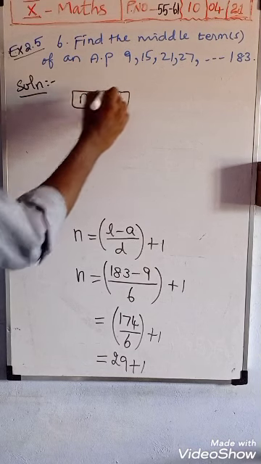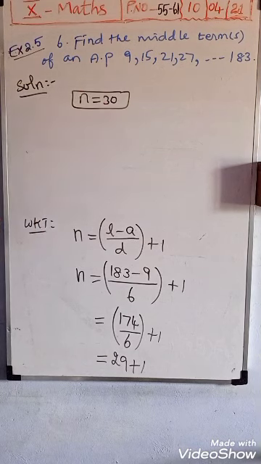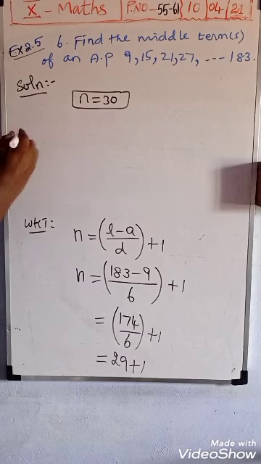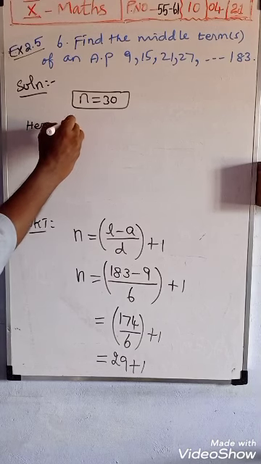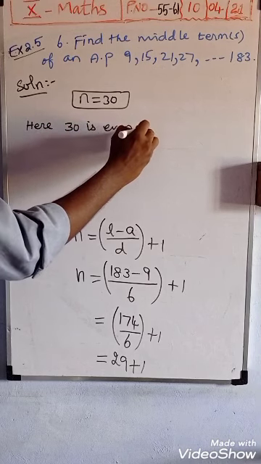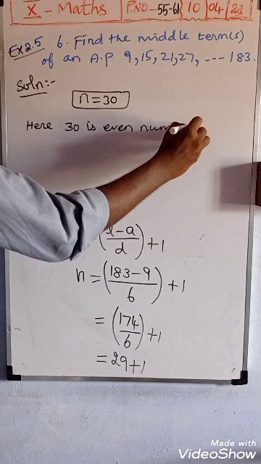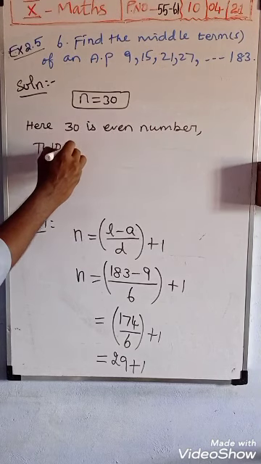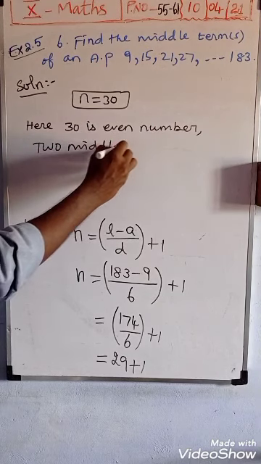So totally how many terms are there in the AP? Totally 30 terms. Here 30 is an even number, so you will receive 2 middle terms.